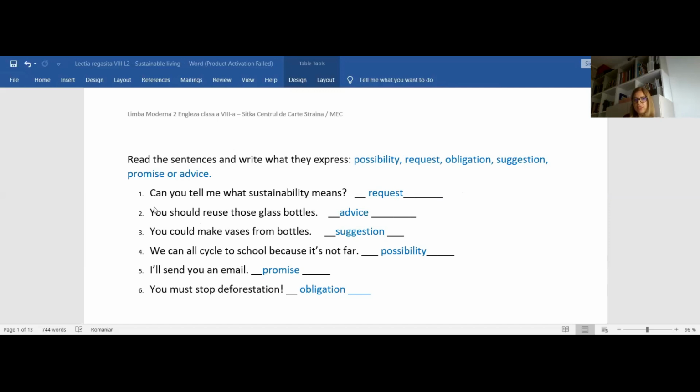So, for the first example, can you tell me what sustainability means? Of course, we are using the modal verb can to express a request.